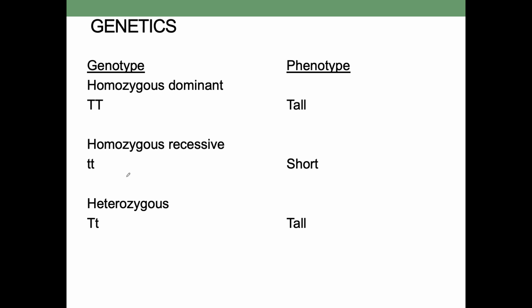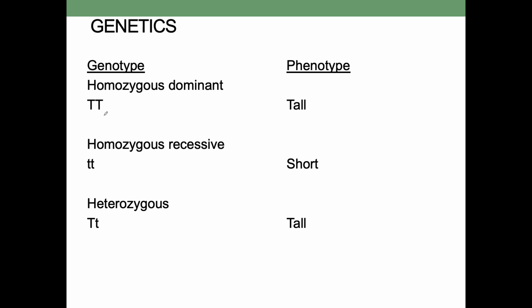That's because in the heterozygote, the expression of this allele is masked by the presence of the dominant allele. In other words, the only way for this recessive allele to be expressed is if there isn't a dominant allele there to block it, to mask it, to prevent it from expressing. So you only see the short phenotype when you have two of these recessive alleles.